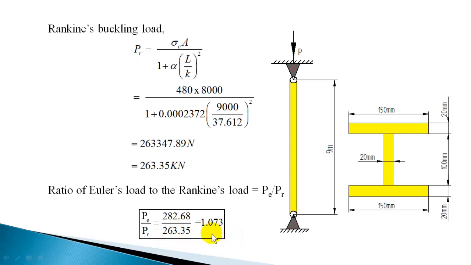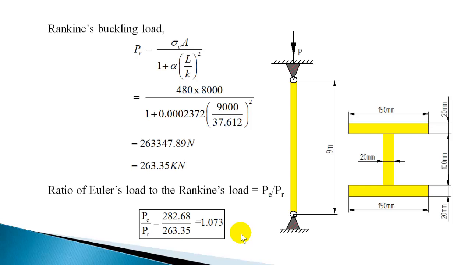So both formulas are in very close agreement, but they will never be exactly equal. Rankine's load will always be a compromise between the loads given by both formulas, but it gives a reliable answer for any type of column. We need not check what type of column it is; we can apply Rankine's formula to find the failure load.